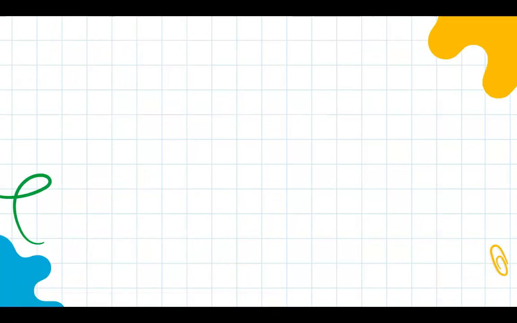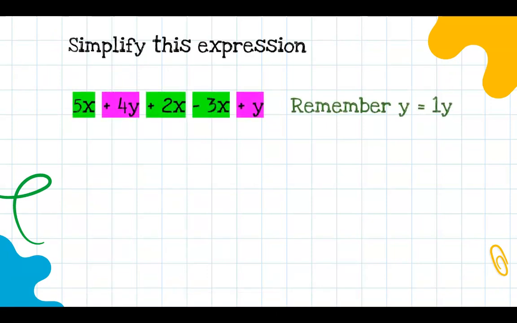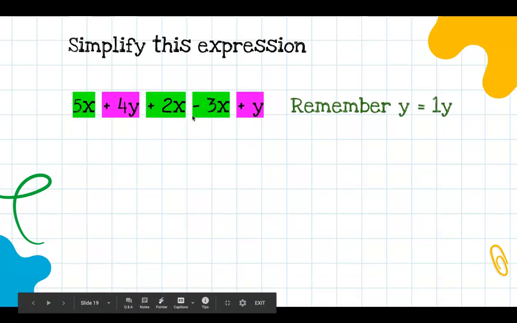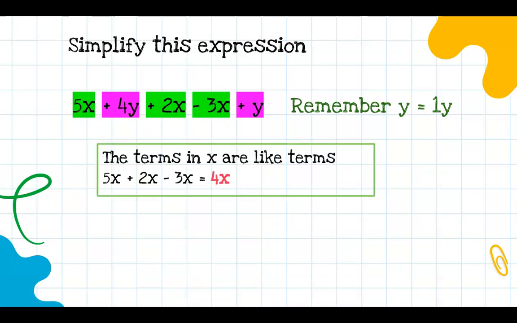Okay, let's have more examples. Let's simplify this expression. This time I color-coded it. Again, may I remind you, if you do not see a coefficient, that means that's 1. All the terms with the variable x are like terms, so you can combine them, and the terms that have y variables are like terms.